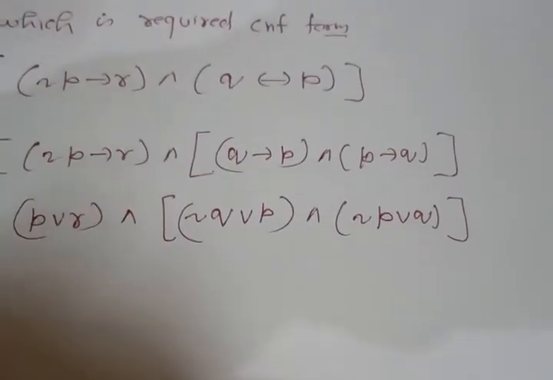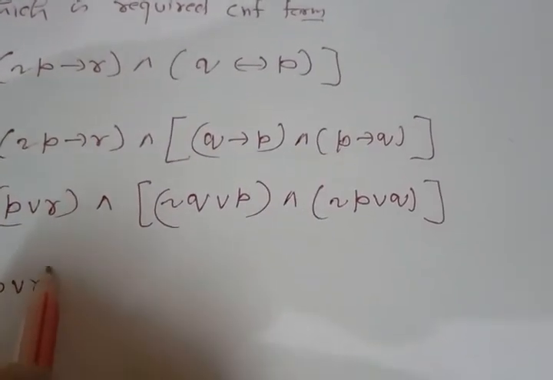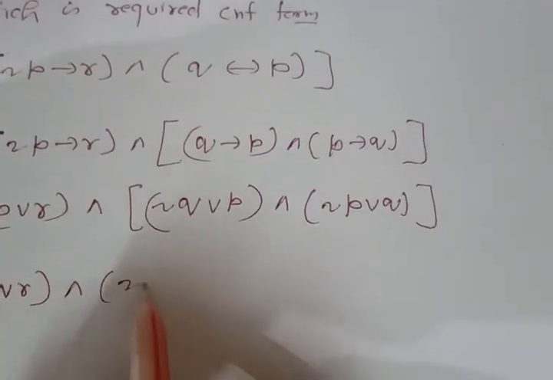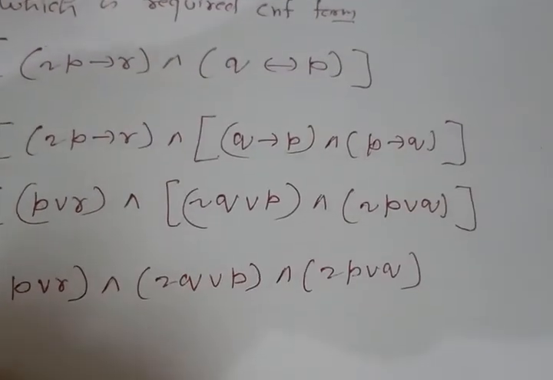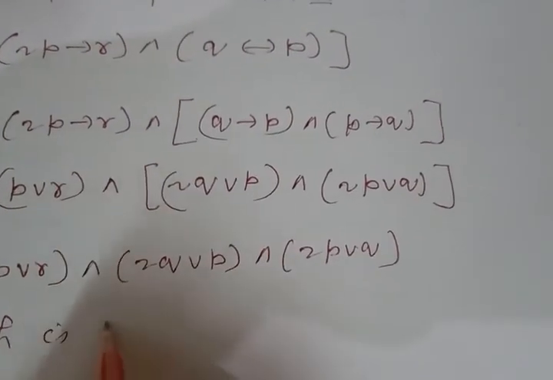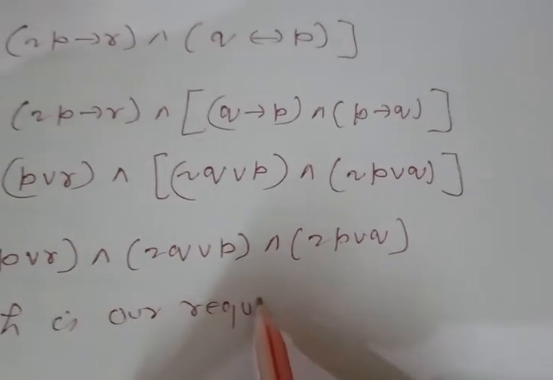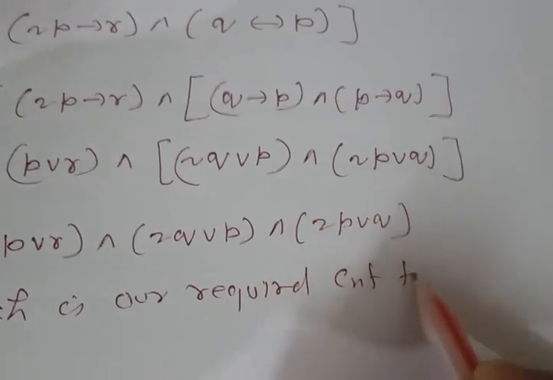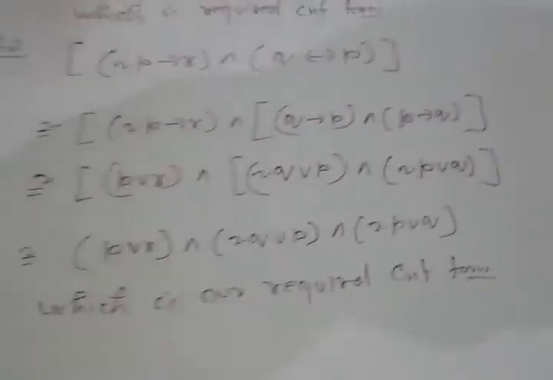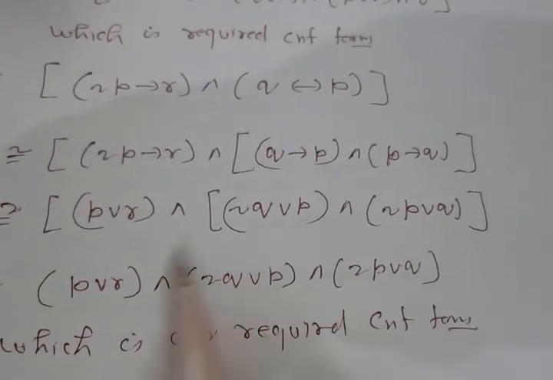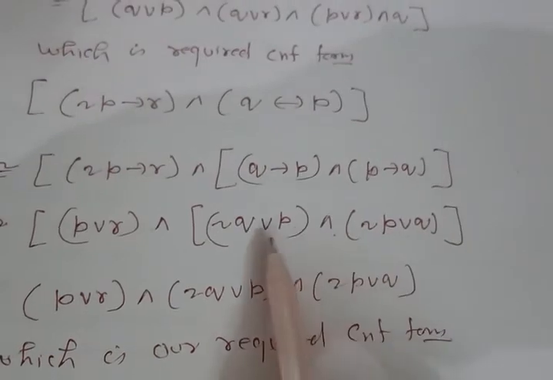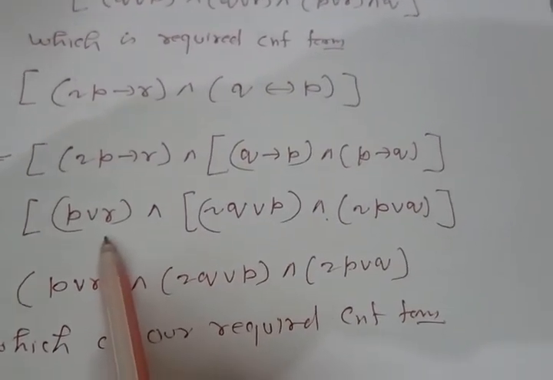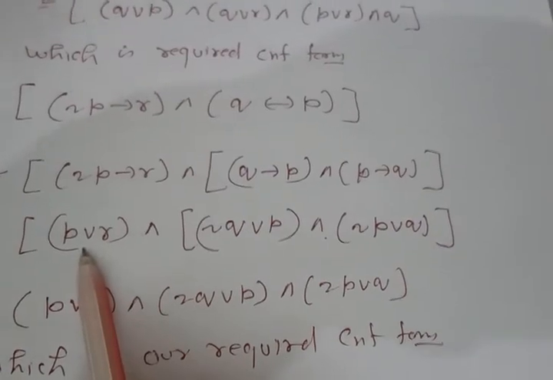So on removing all the brackets we obtain P or R, conjunction, negation of Q or P, conjunction, negation of P or Q, which is our required CNF form. One thing to be noted here: all the compound propositions are attached to each other by the conjunction notation, and inside a bracket the propositions are attached by the disjunction.